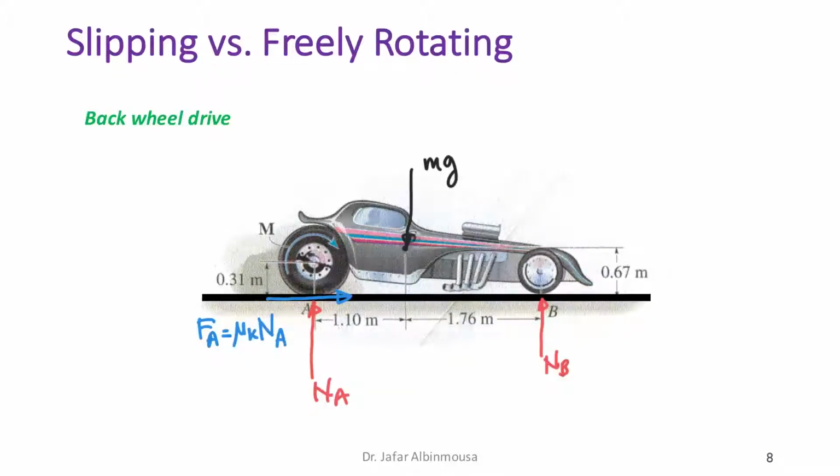And in that situation, we will have the back wheel in a slipping condition, while the front wheel is said to be in a freely rotating condition.